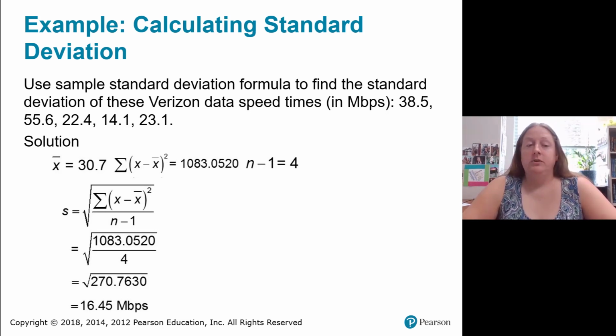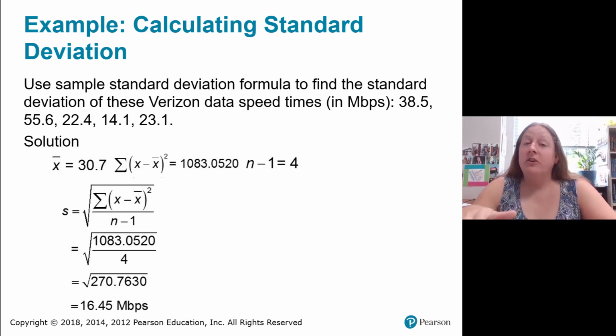Then we will take each of our data points and subtract the mean from it. So we'll take 38.5 minus 30.7, and then take that difference and square it. And then we'll do the same thing with 55.6: 55.6 minus 30.7, and then square that difference.